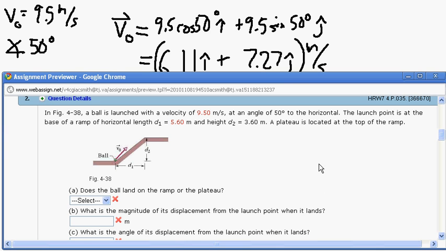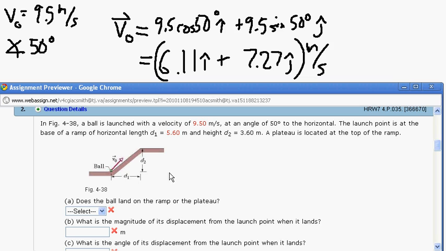So let's bring back this figure, and with these numbers, the horizontal distance is 5.60 meters. To some degree, this sort of comes down to taking a guess. Go with your gut and try it and see if it works out.